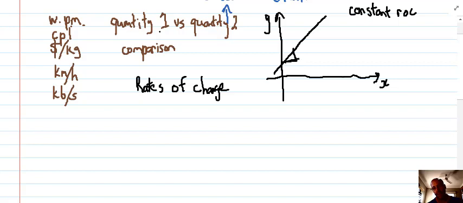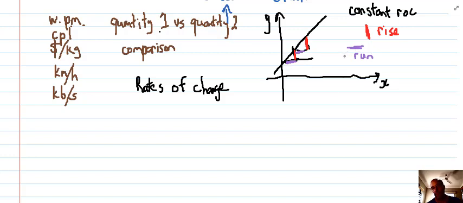Now, for every change in the independent variable, which I might call x here, the dependent variable changes by a certain amount, and that stays the same. So if you go across a certain number of units, you'll go up a certain number of units in y. If we go across the same amount of units again in the x direction, we'll go up the same in y. So basically it's a comparison of how far we go up for every unit we go across.